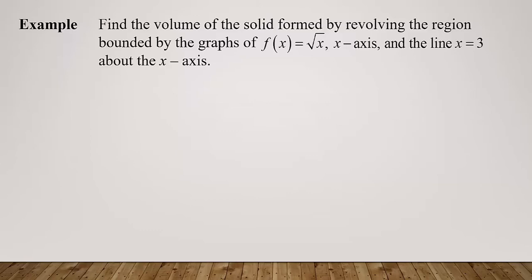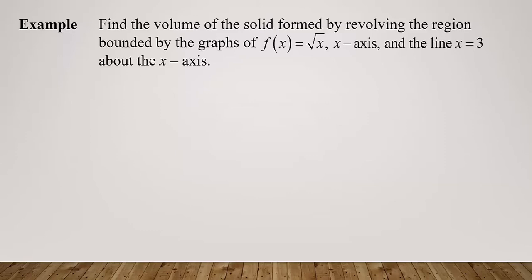So we're going to revolve that region about the x-axis and find the volume. Just looking ahead before I head off to the chalkboard, you must begin these problems by first sketching the region, seeing what it's being revolved about, and using a representative rectangle as a guide.